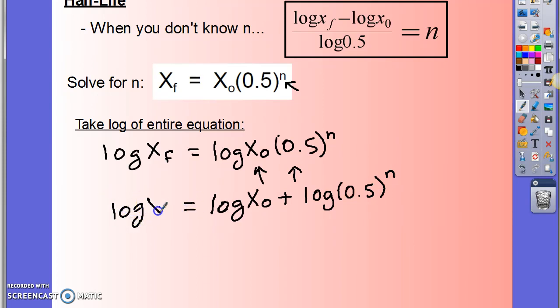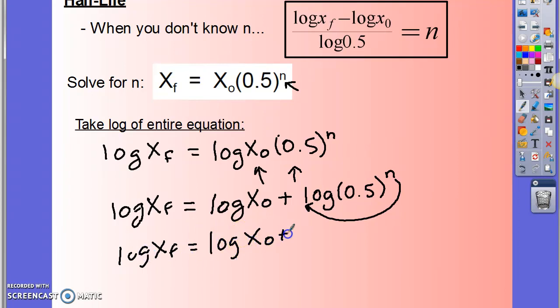The log rule for multiplying. Now the second log rule we're going to use is getting this n out of the exponent. And basically when you take the log of something that's raised to a power, that power can come out front. So this will become log xf equals log x0 plus n times log 0.5.